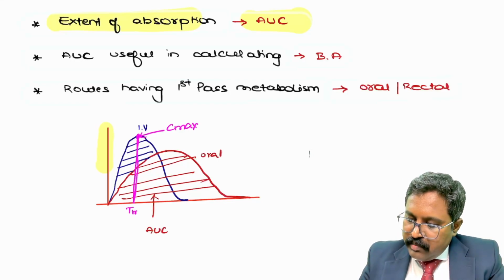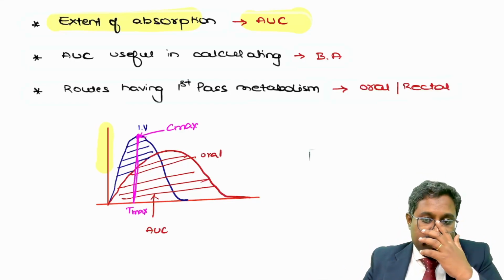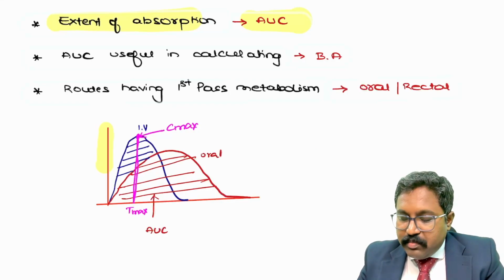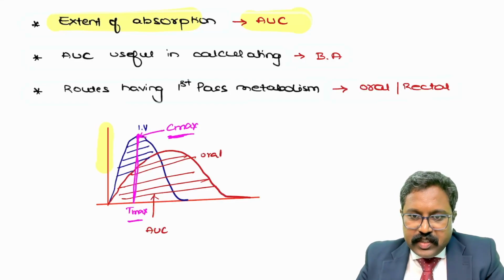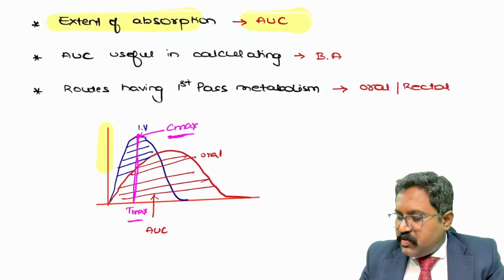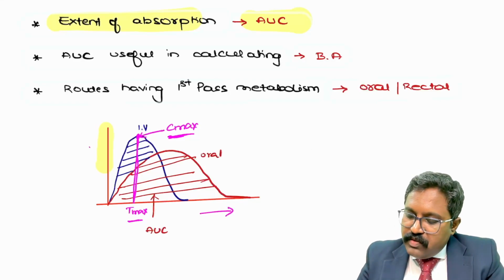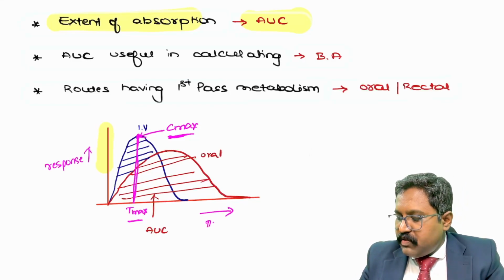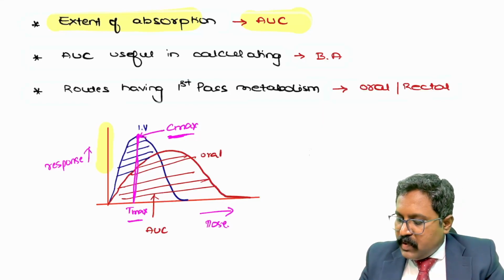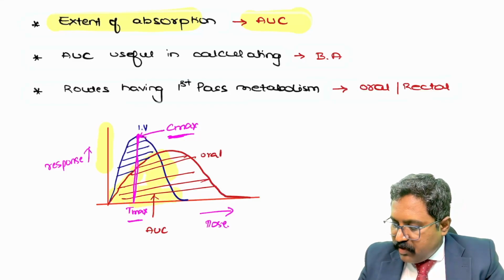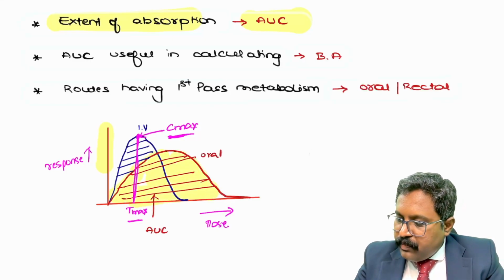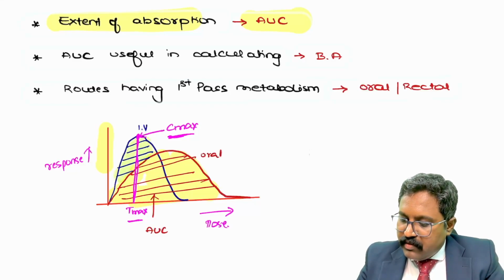This will be your Tmax, the time taken to reach the highest or maximum concentration. This will be your response side, and this will be your dose side. So this will be your area under the curve for the oral route, and this will be your area under the curve for the IV route.